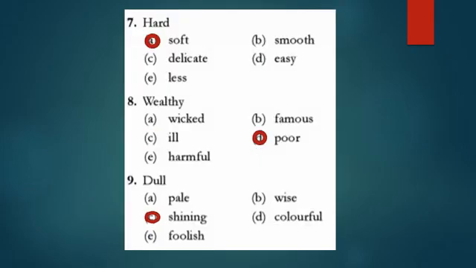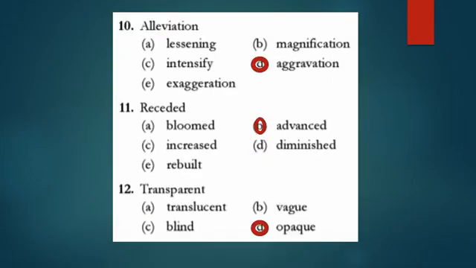Hard. A, soft. Wealthy. D, poor. Dull. C, shining. Alleviation. D, aggravation. So alleviation, reducing suffering; aggravation, worsening. Receded.